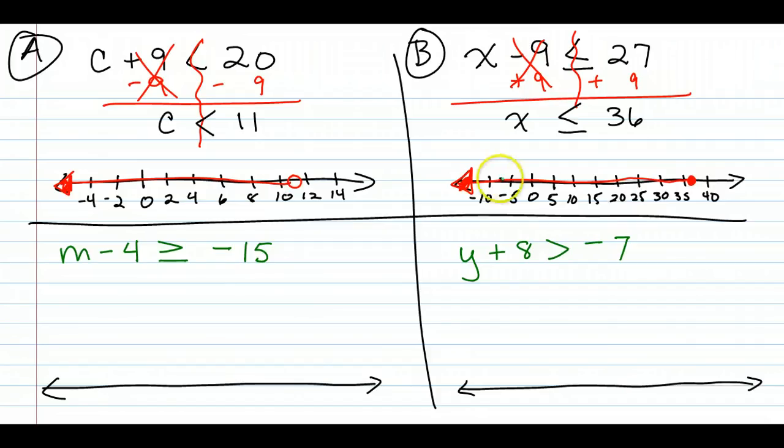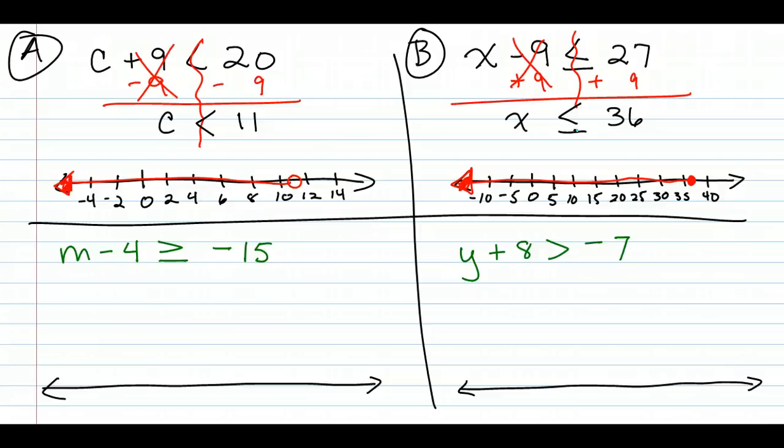Over here, again, I made my number line work for me because X is less than or equal to 36, which is a pretty big number, so I went up by 5's. 36 would be about right here, and it should be closed. Closed circle, again, the arrow going off to the left, the same as the inequality sign. Okay, hopefully we did well.